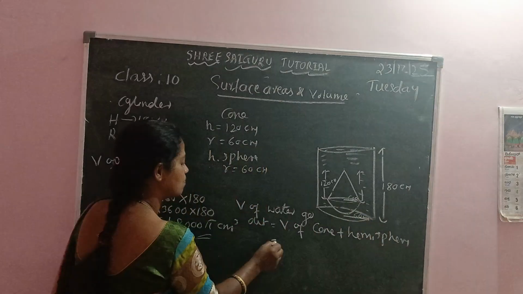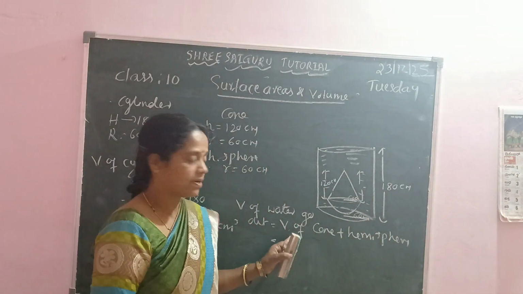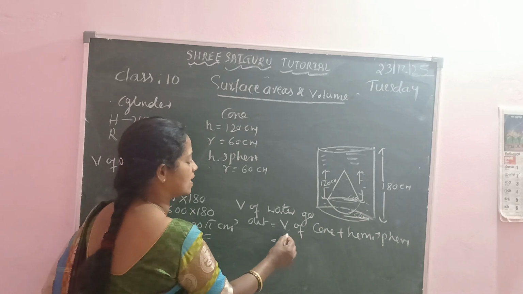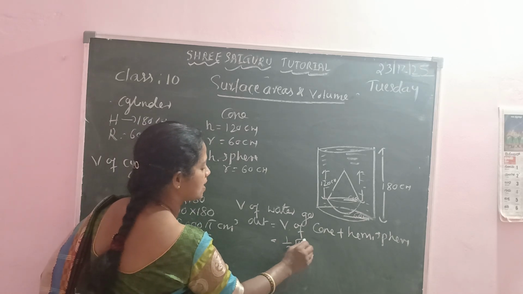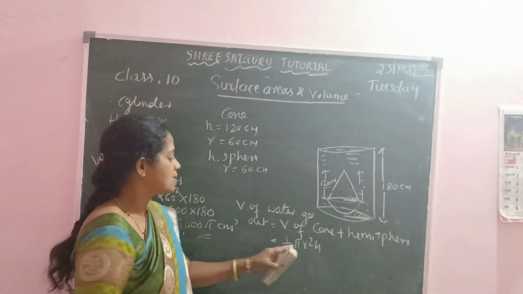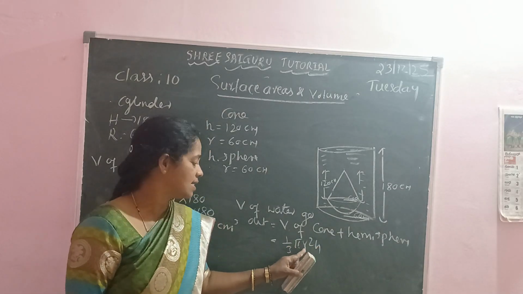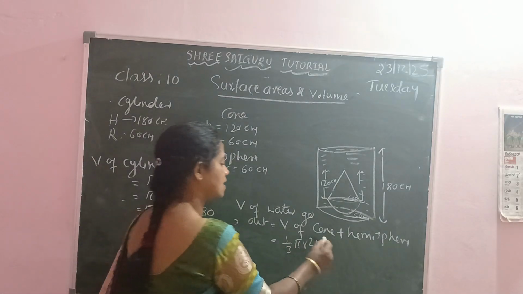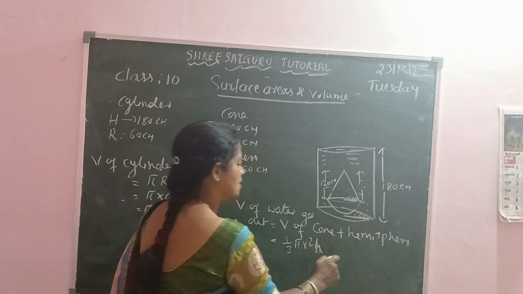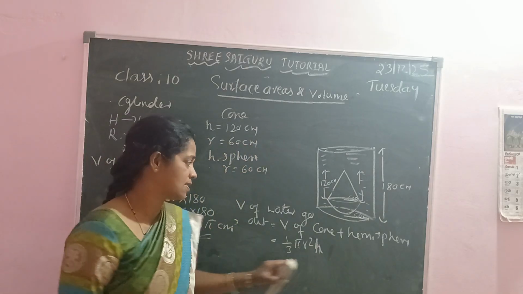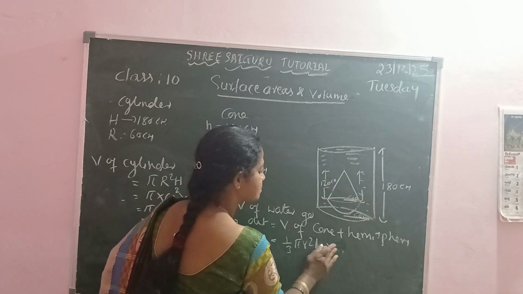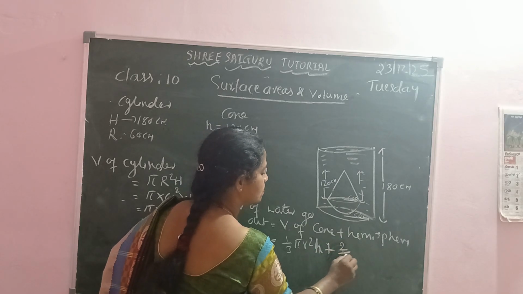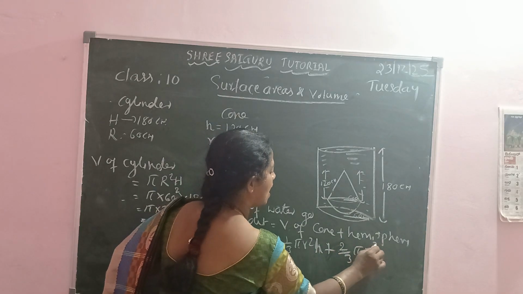Now volume of the cone. What is volume of the cone and what is the formula? The volume of the cone is 1/3 pi r square h. The radius is mentioned by small letter r, then height by small letter h. Then hemisphere. What is the hemisphere formula? That is 2/3 pi r cube.